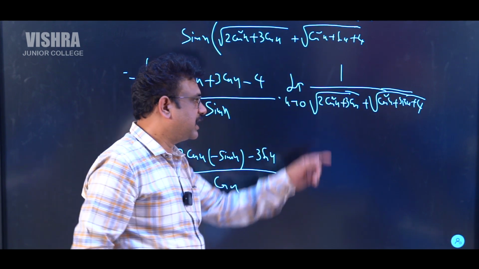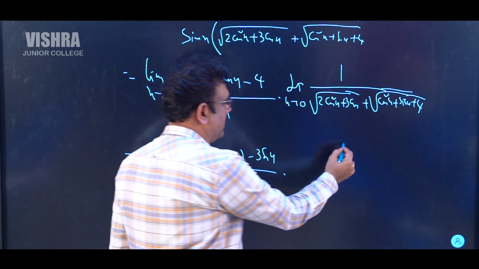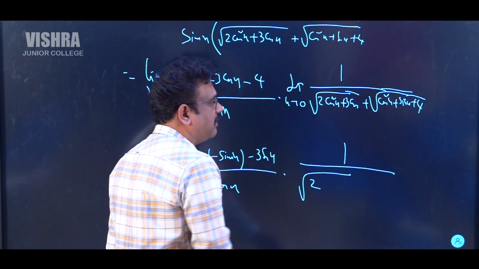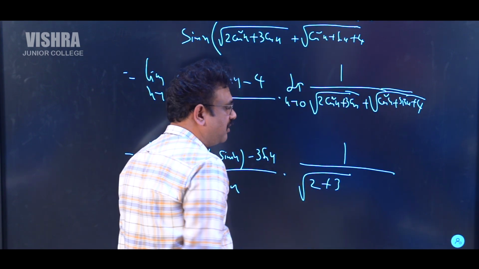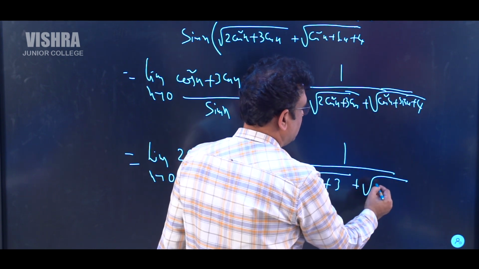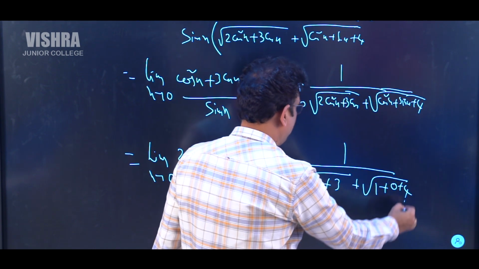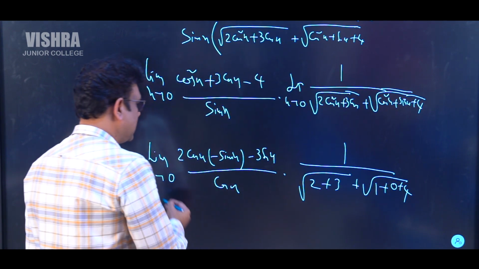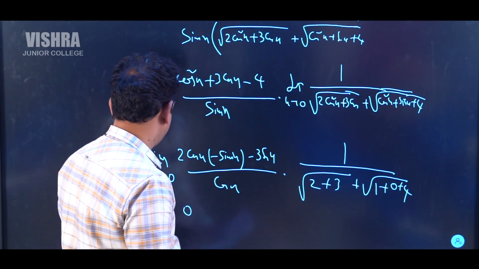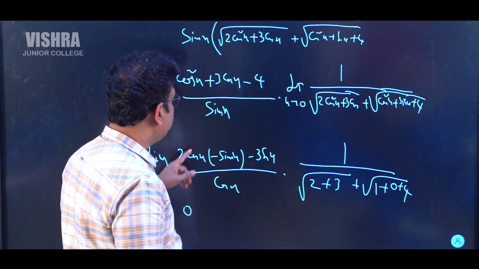Now I am substituting x equal to 0: 1 by square root of 2 cos 0, 1 plus 3 cos 0, 1 plus again cos 0, 1 plus sin 0, 0 plus 4. So now you can substitute here. So this is 0 minus extends to 0.